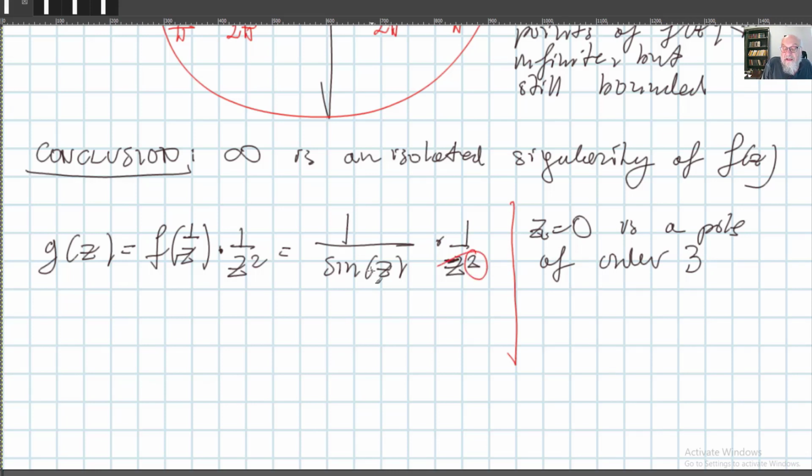I know this is 1, and for sine, 0 is of order 1. So 1 plus 2 is 3.